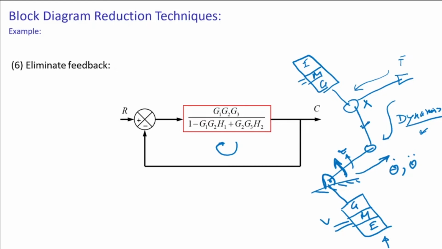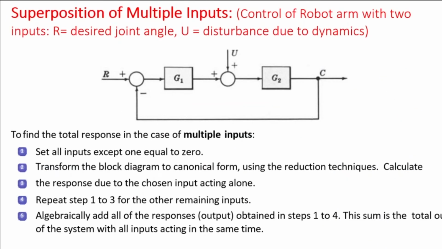Now this means that you have two inputs. One input is the desired position you want to take it to, and the other is this dynamics fellow who is disturbing it. So in the case of a robotic link, we have two inputs, and the control system would look something like this, where this is your desired position.